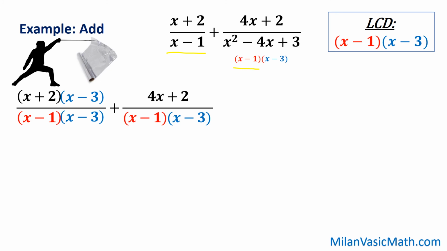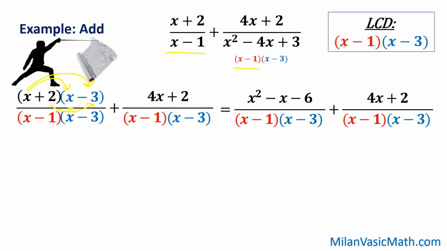We have x times x is x squared minus 3x plus 2x minus 6. And all that gives us x squared minus 1x minus 6. And we're going to add that to 4x plus 2. Because the denominators are the same, I went ahead and just combined the numerators.